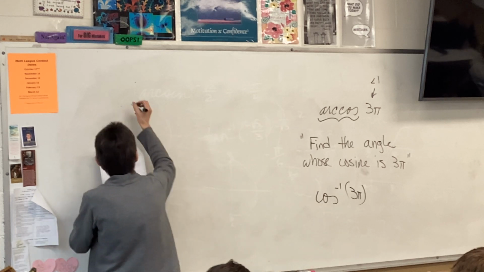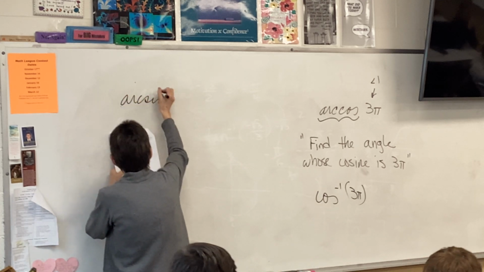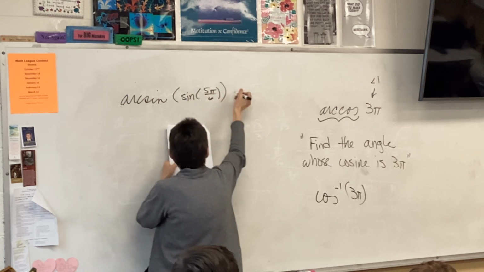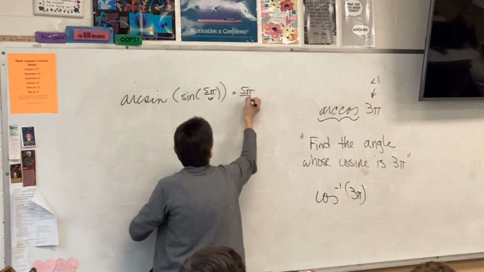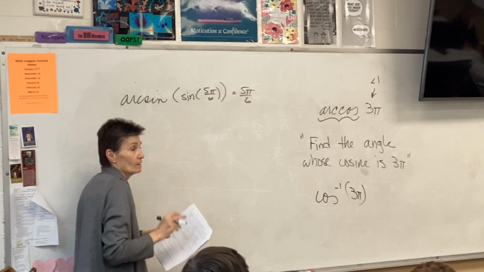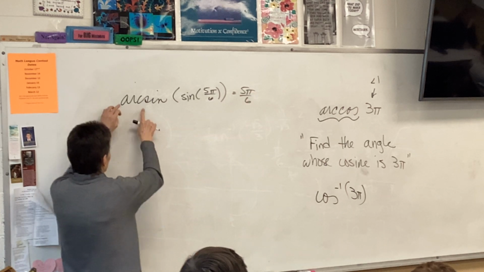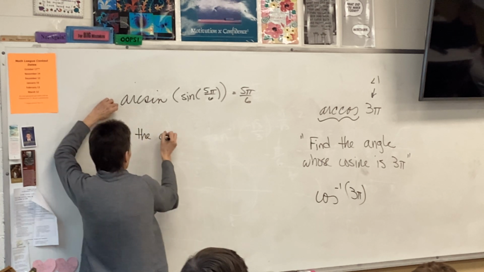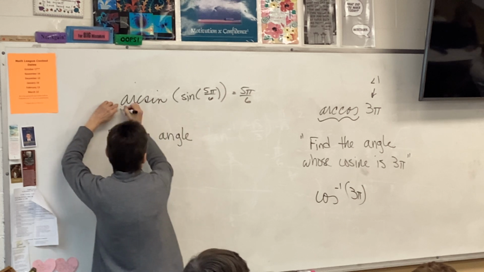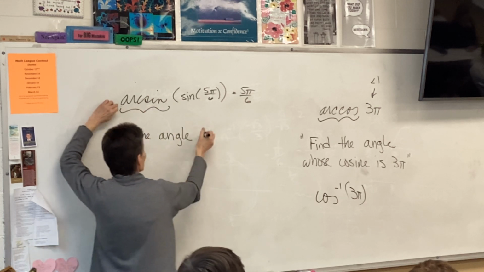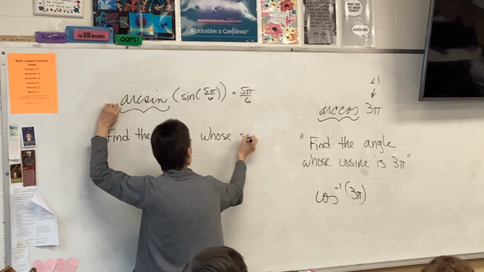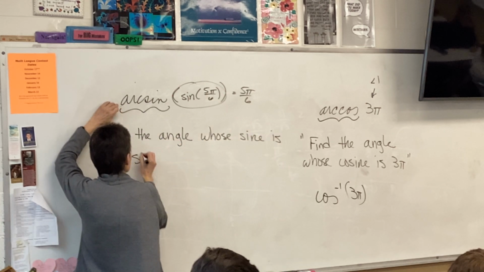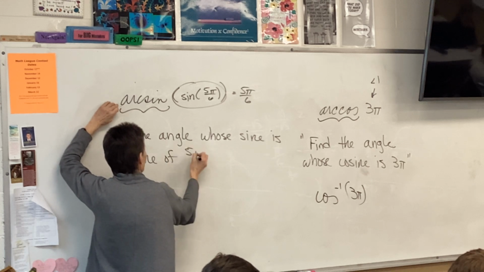Letter A literally says, find the angle, that's what this says right here, find the angle whose sine is the sine of 5 pi over 6.